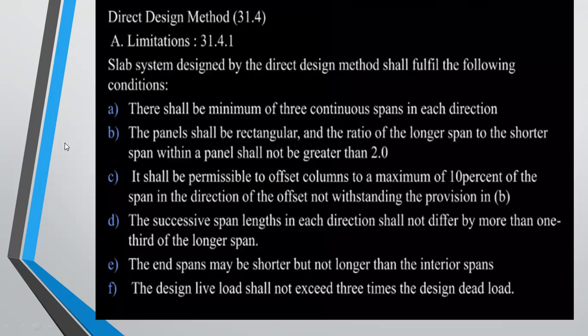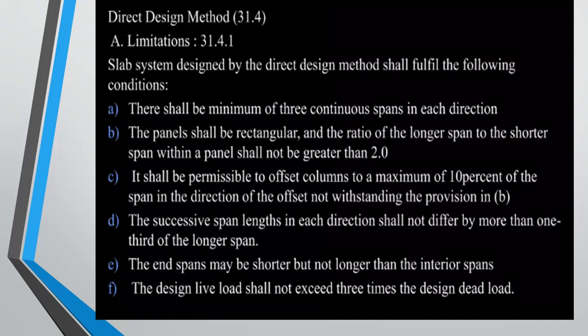The permissible offset of column is a maximum of 10% of the span, because offset of the column should not go more than 10%. And successive spans in each direction shall not differ by more than 1/3 of the longest span. All these limitations are mentioned in the IS 456 codal provision, so you can refer to it for further clarification. And the design live load shall not exceed 3 times the design dead load.